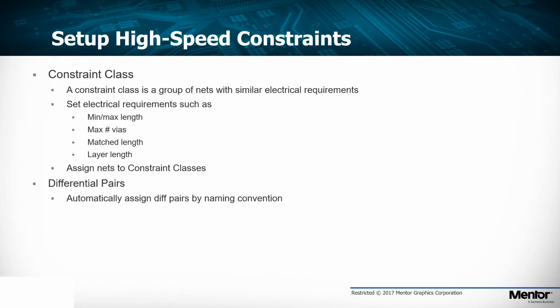A lot of people name their differential pairs _n, for example, and _p for positive and negative nets on that differential pair. We have the ability to take a look at that, and following that naming convention, define all of those differential pairs at once. So if you have 50 differential pairs that you need to define, we can do it in one go, and it's very simple to do that.